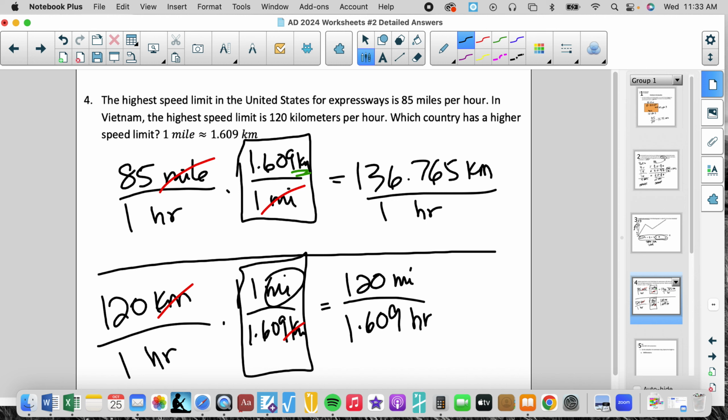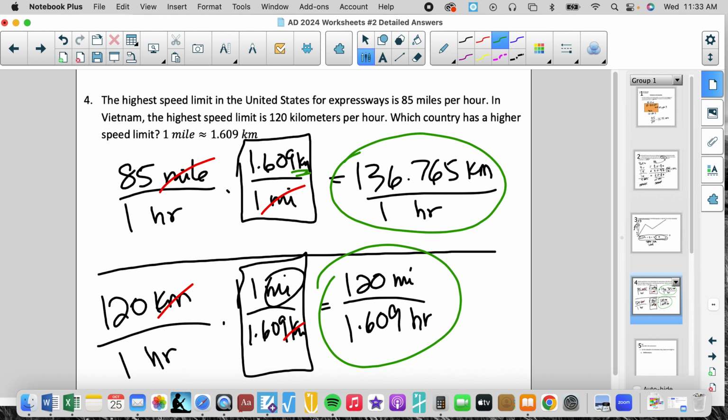Now this is not a unit rate, so we cannot compare them at the moment, because this is per 1 hour, this is per 1.609 hours. So I'm going to need to convert that to a unit rate. I take 120 divided by 1.609, and we get 74.5804 and so on per 1 hour.